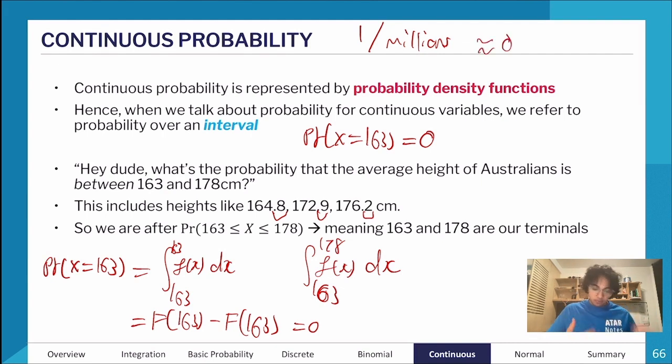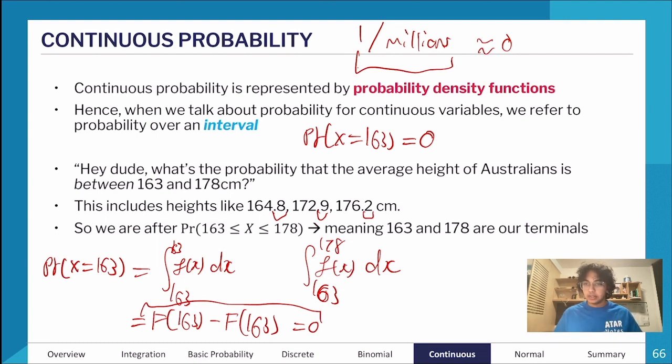So both mathematically, using the calculations we've been taught, and using sense and logic, we can see why, with continuous probability, it's really hard to find a particular value that's not equal to 0. So continuous probability questions are always going to be like, what's the probability this population's height is between these two values?